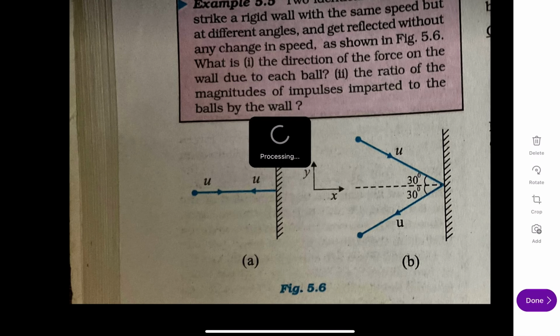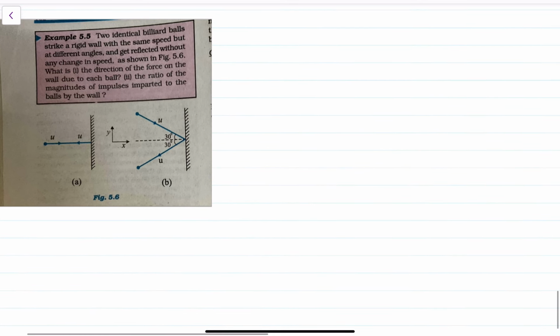I'm going to explain this example also. So see here, in this example, he is asking to find out, now, two identical billiard balls strike a rigid wall with the same speed, but at different angles.